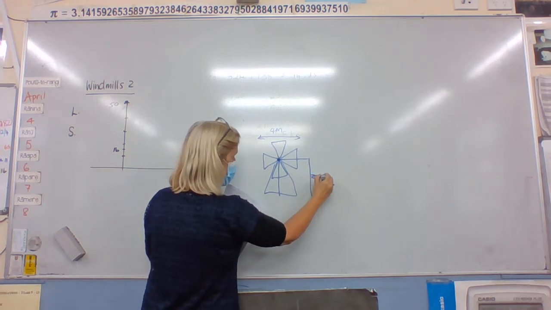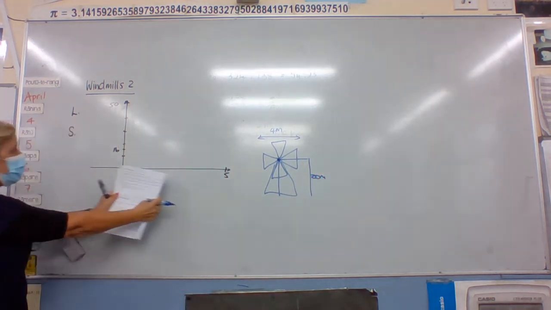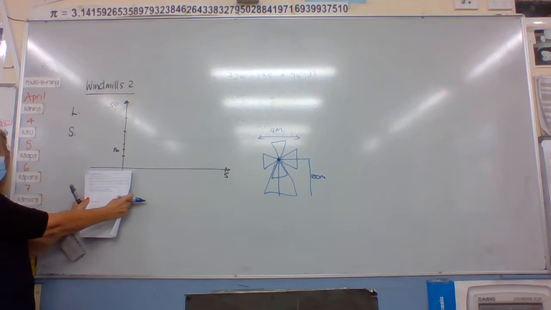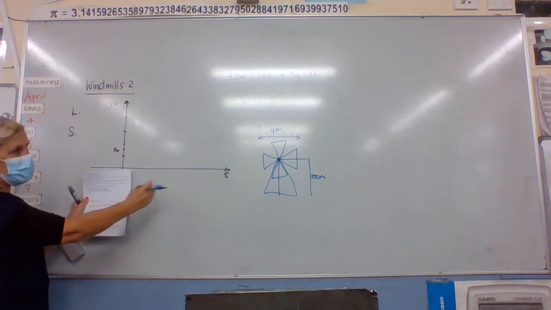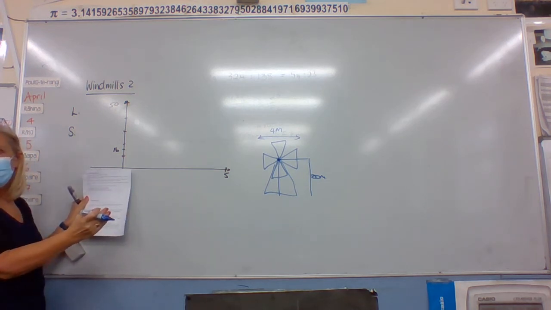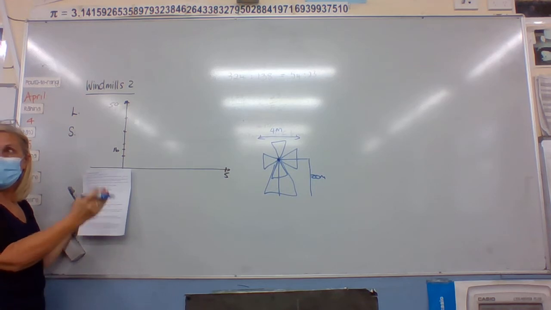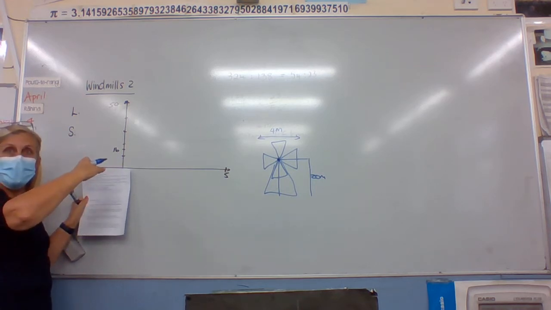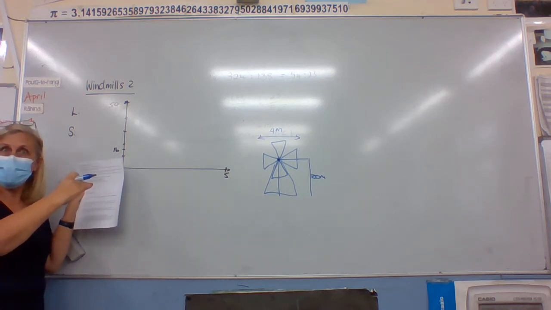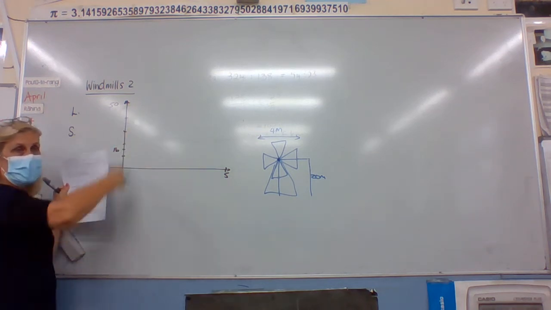All right, so if we pull that over onto our graph, what is the 20 metres? It'll be the middle, right? It's going to go round and round, or up and down, from there.